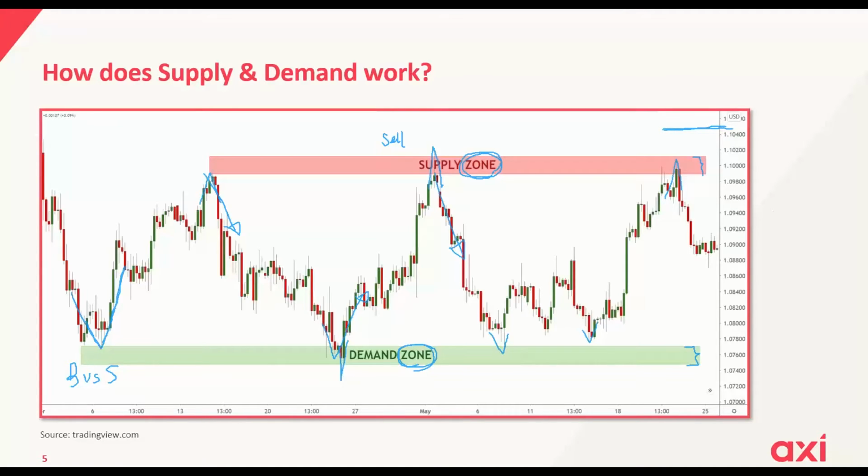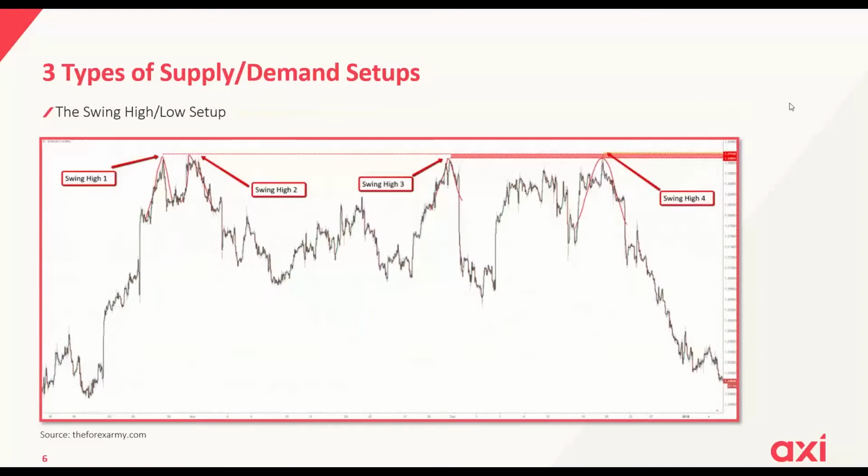Okay, now moving on to three kinds of supply and demand setups that I look out for, and this forms the basis of all my setups, right? The first one is called the swing high and swing low.